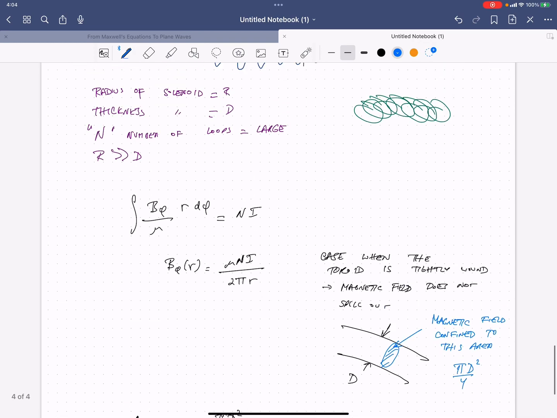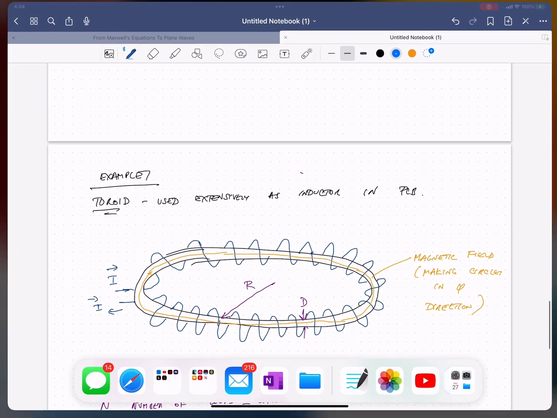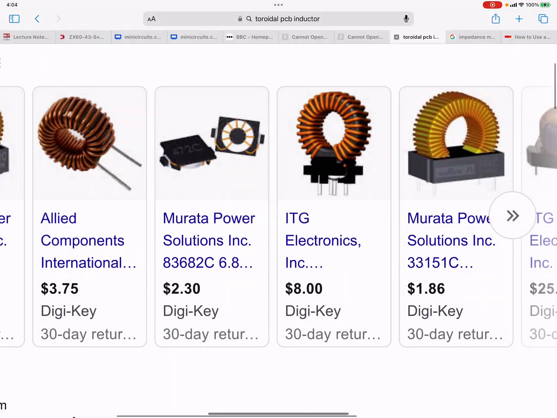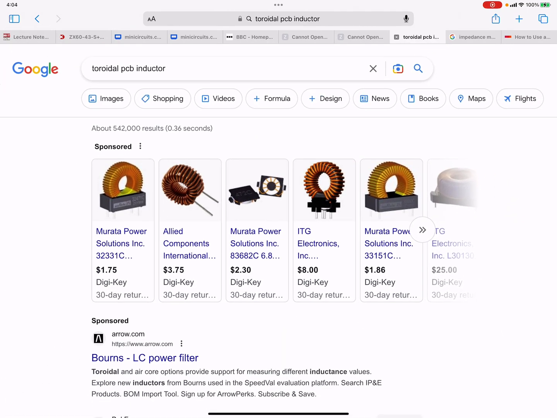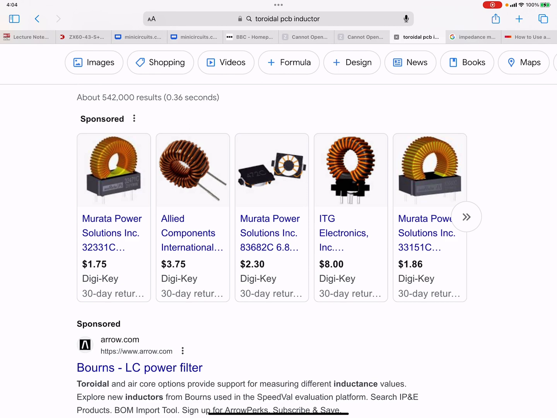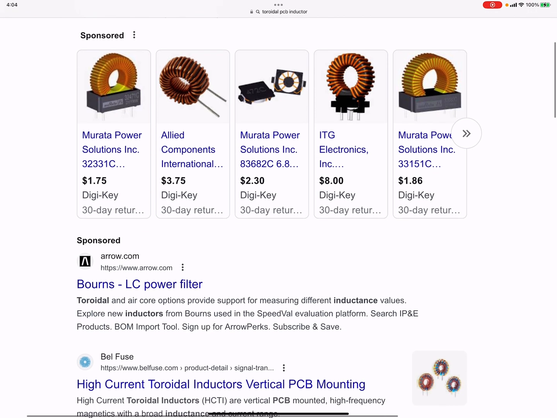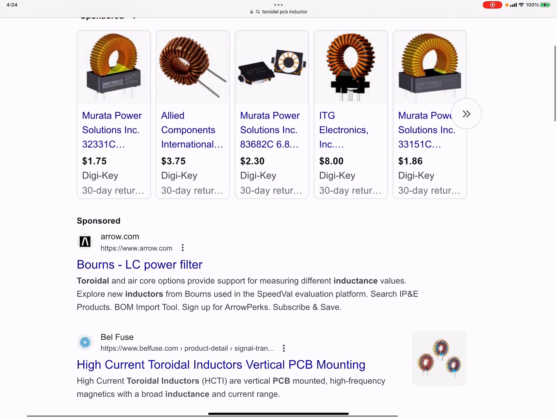Again, this toroid is used in your printed circuit boards, typically to filter power supplies.